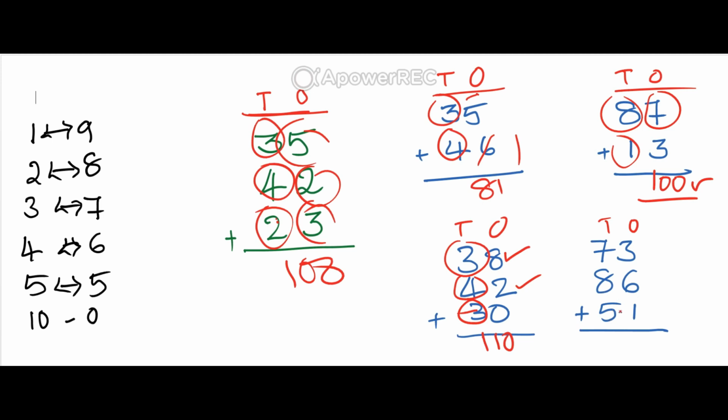See friends, see 7, 8 is 15, 15, 20, 200, 200, see all this put together 10, 210. Or what you can do is 50, 130, 200, 203, 209, 210. Like this also you can solve.